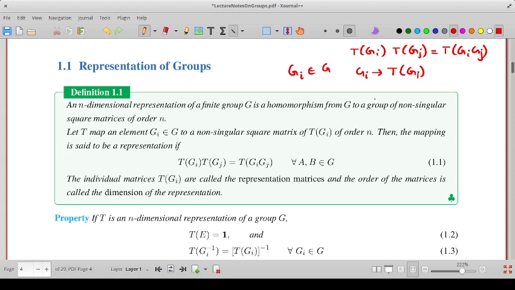So what we have is the following. We have a group G, and then we have a homomorphism from group G to the group of non-singular square matrices of order n.